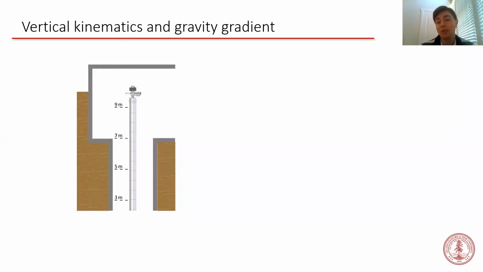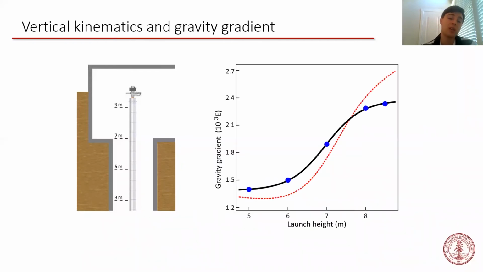By operating the interferometer in a gradiometer configuration, we can use the atoms to measure the gravity gradient. This plot shows the measured gravity gradient as a function of height, along with a logistic fit, the black curve. The red curve is a gravity gradient model that includes the Earth's gradient as well as the effects of the local mass distribution. The model, as you can see, agrees qualitatively but not quantitatively with the measured gravity gradient.